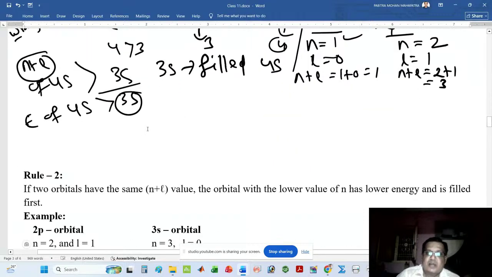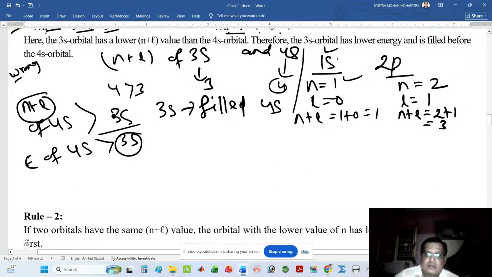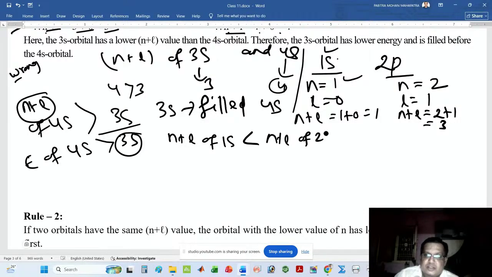Now let me explain. If you think about the n plus L value of 1s and 2p, here I can write that the n plus L value of 1s is smaller than the n plus L value of 2p. Here the n plus L value of 2p is 3, and the n plus L value of 1s is 1. 1 is smaller than 3, obviously.